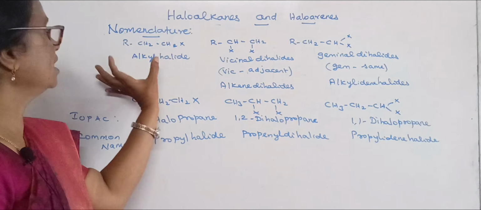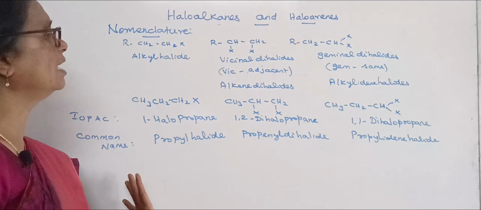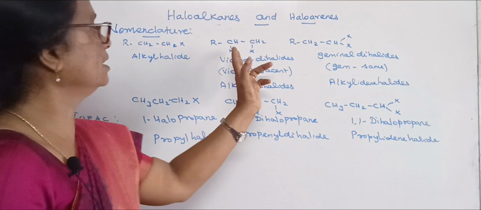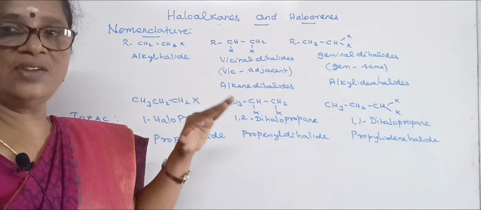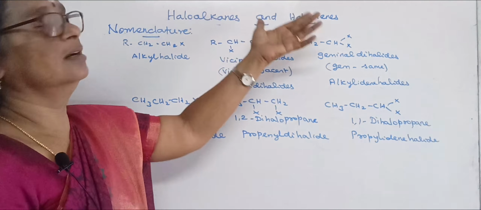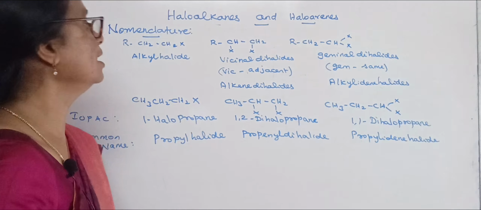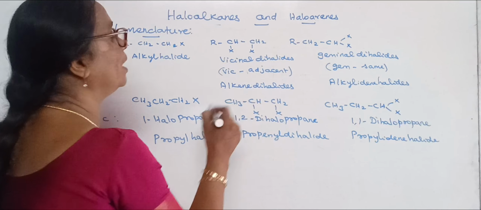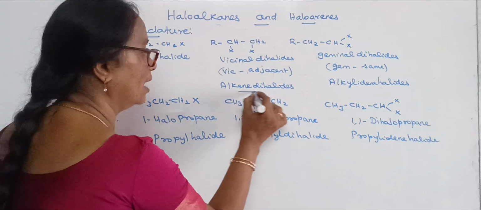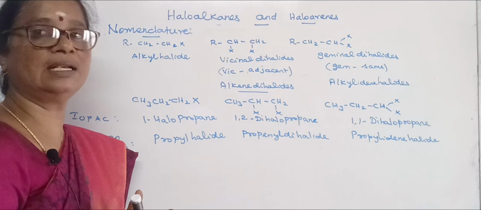So when halogen is on one carbon, those are generally called alkyl halides, but these two are the derivatives of alkenes. That's why the common name is alkene dihalides. These are said to be alkene dihalides.